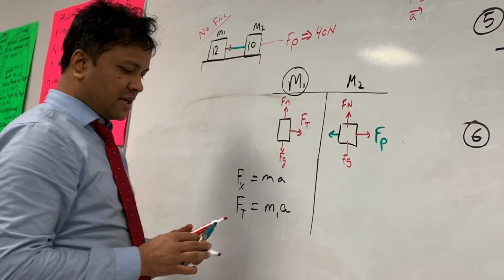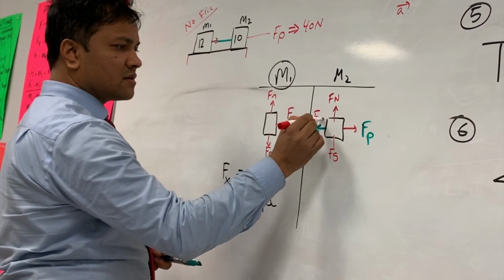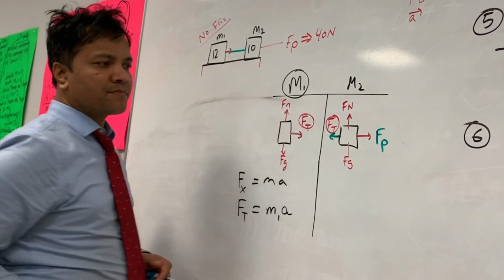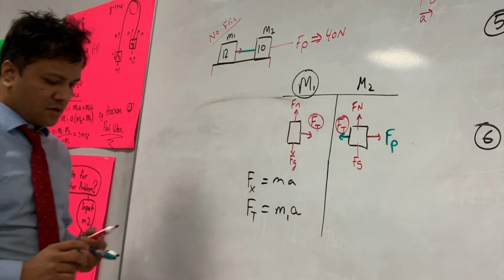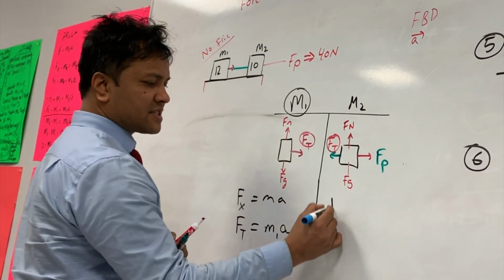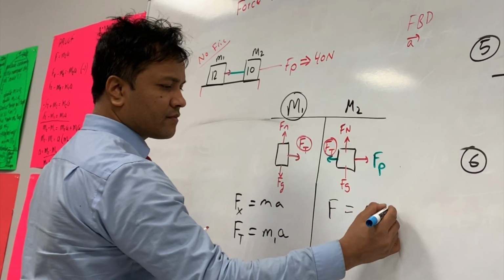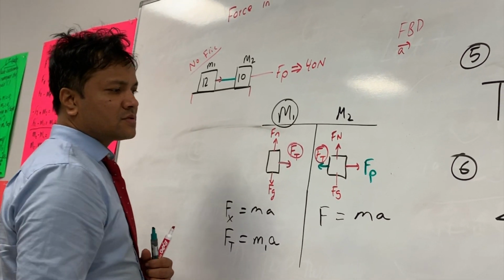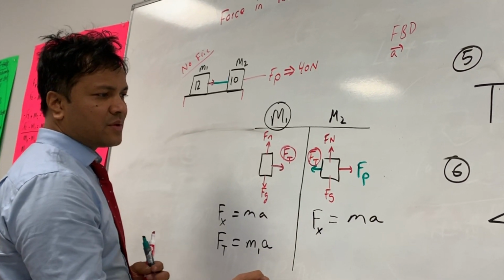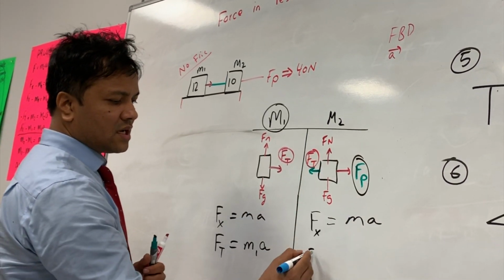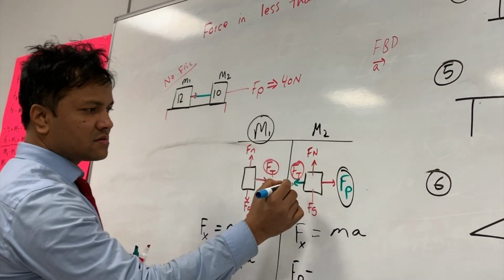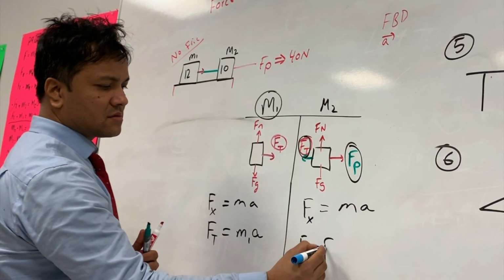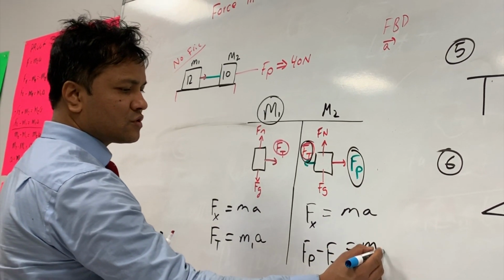This Ft I'm going to write in red because this Ft and this Ft are the same. Newton's second law in the x direction, F equal to ma. How many forces are acting in the x direction? 2. Fp minus Ft is equal to m2a.